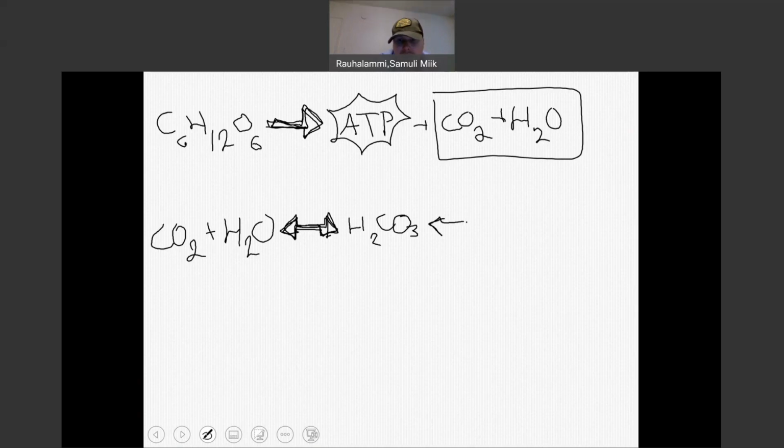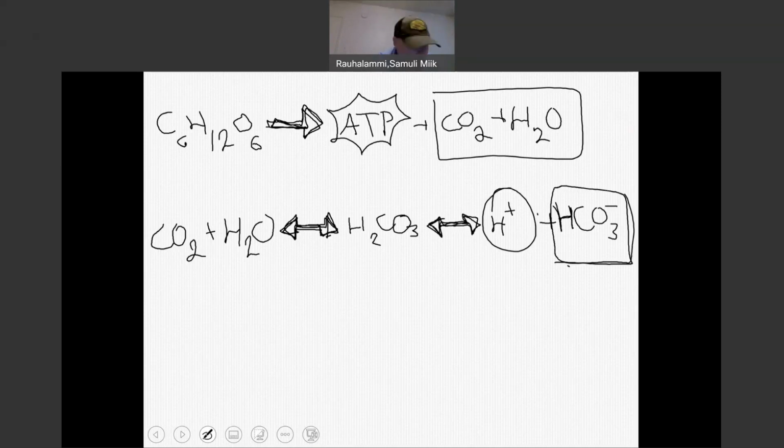And carbonic acid can then be converted into hydrogen ions and bicarbonate. So most of the carbon dioxide is transported to the lungs as bicarbonate, and then we can get rid of the carbon dioxide with respiration at the lungs.